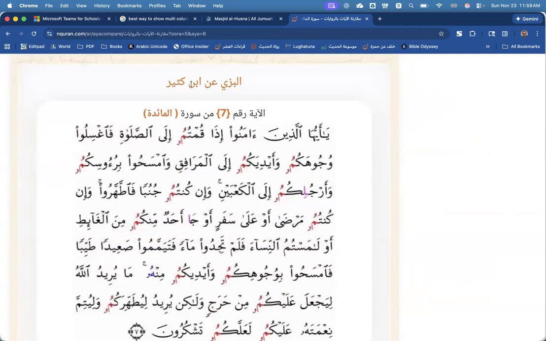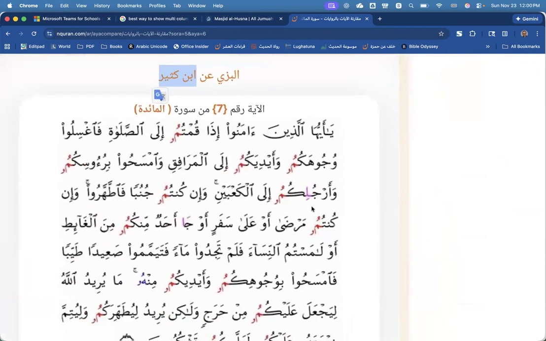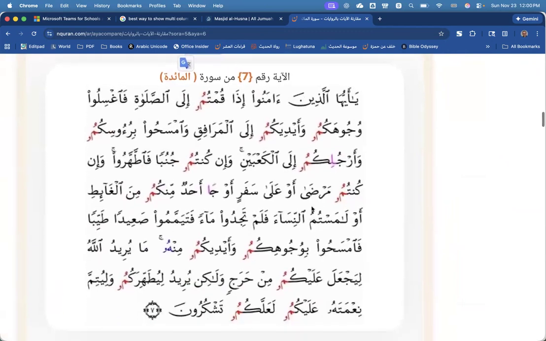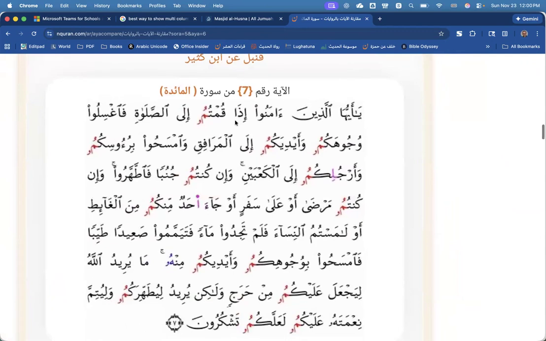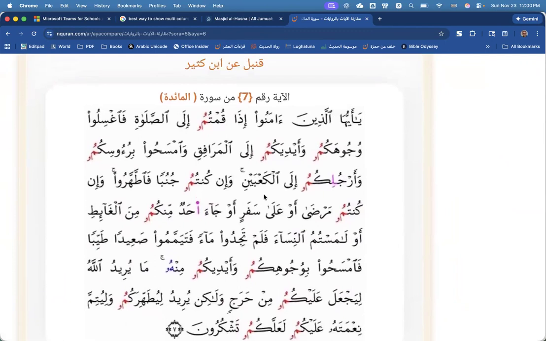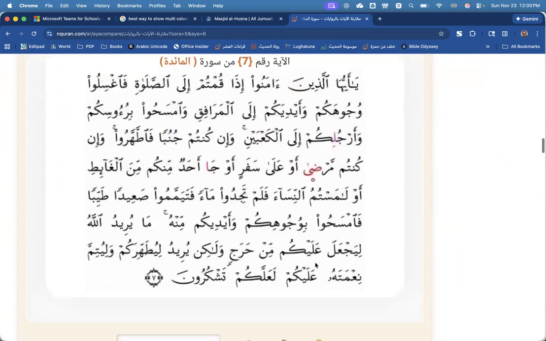Look, the recitation of Ibn Kathir. What does it say? It says Arjulikum. They even highlighted it. This is showing you the differences between the different recitations. Look, this is Ibn Kathir again, arjulikum.